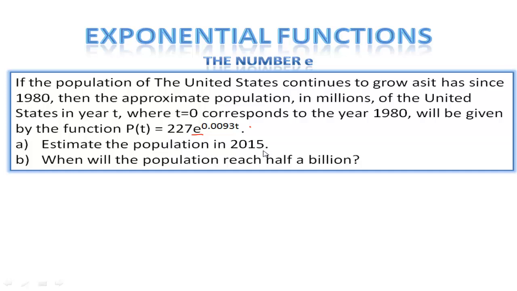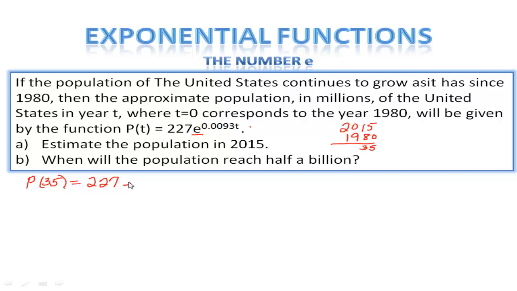Estimate the population in the year 2015. Now this is very similar to the problem we did on population. If t equals 0 is the year 1980, then t equal to what is the year 2015? So we have to subtract 1980 from 2015, and that will give you that t will be equal to 35. So it's asking when t is 35, so I'm going to evaluate the function for t equal to 35.